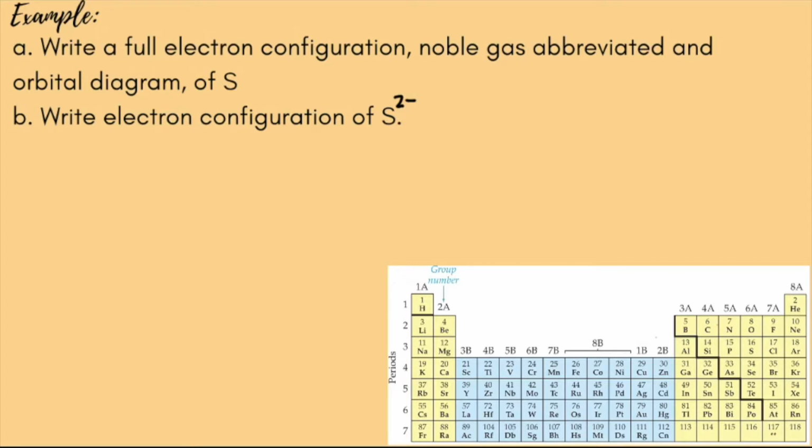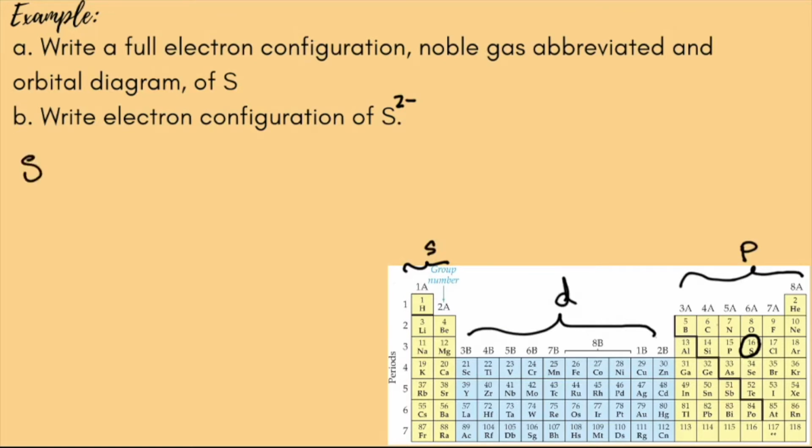If you look at the periodic table, we know that sulfur has atomic number 16 and it's right here. We know these two columns are the s block, this is the p block, and this is the d block. So now we can start writing.